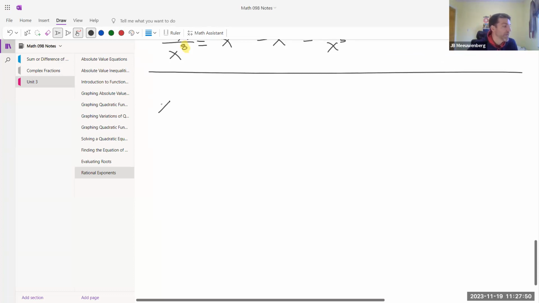Let's imagine we have x to the 2/3 times x to the 4/5. Now you, of course, can use your calculator to help you with this. You just have to know what to do. We want to simplify this, which means we want to merge these into one single base. Instead of two, we just want to have one. So what do we do with our exponents? If you remember from a moment ago, we have to add the two exponents together.